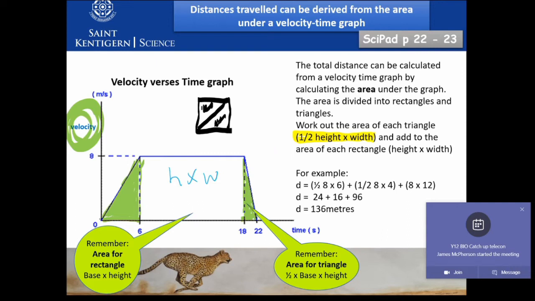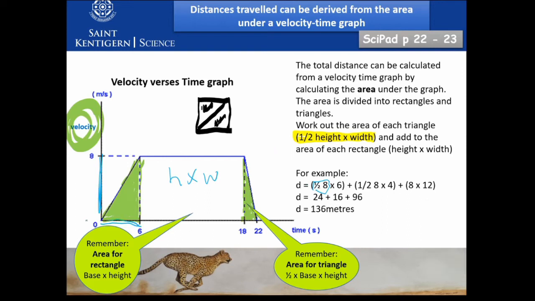So in this case, if we talk about this first triangle here, it's going to be half times 8 times 6. That's going to be the area of our first triangle. Plus half times 8 times 4. Between 22 and 18, that's 4, but the height is still 8.